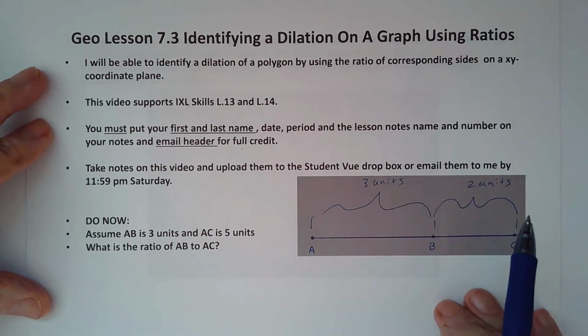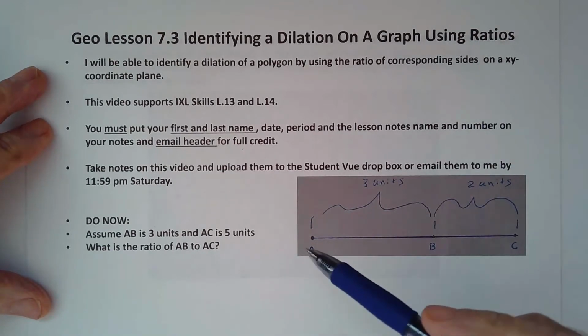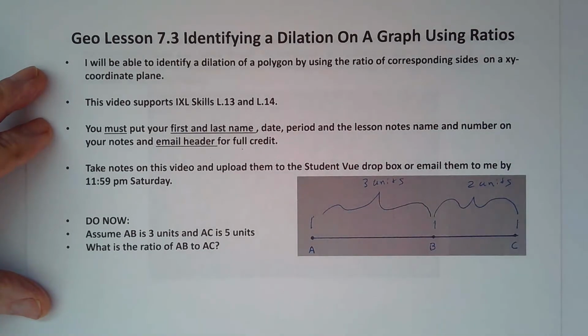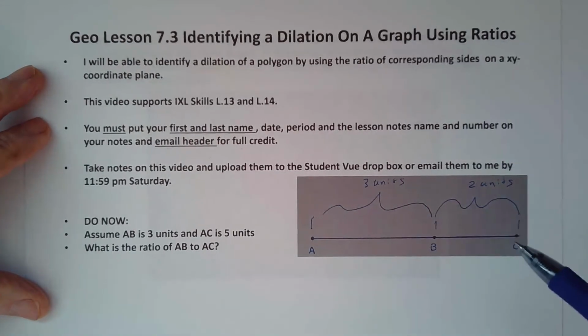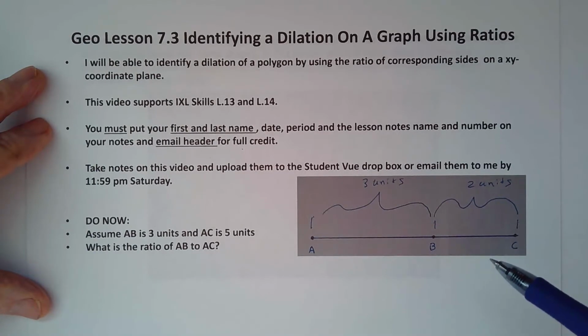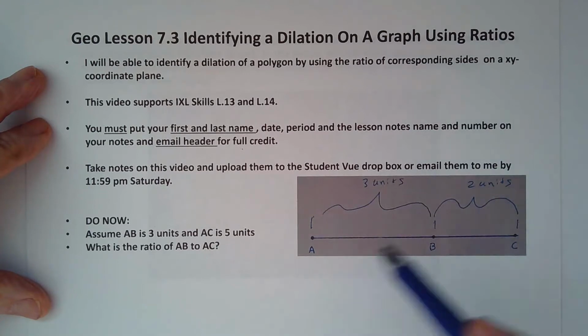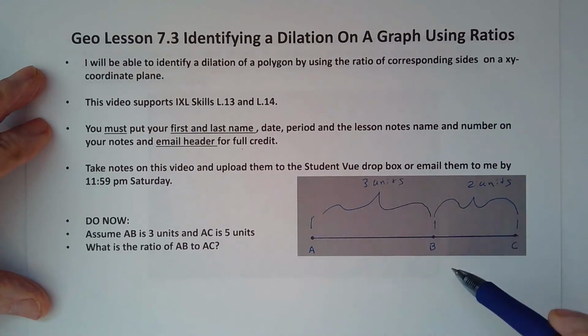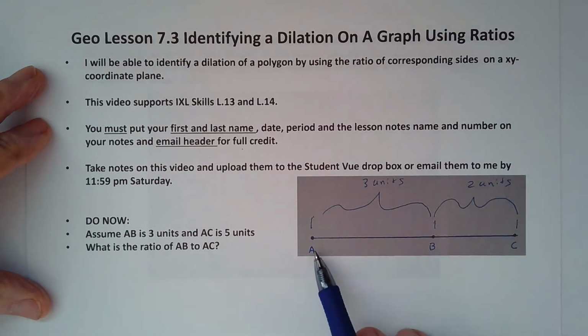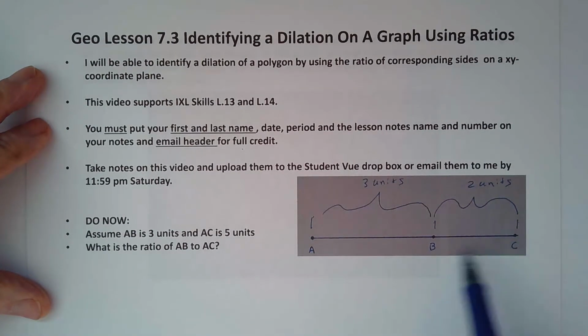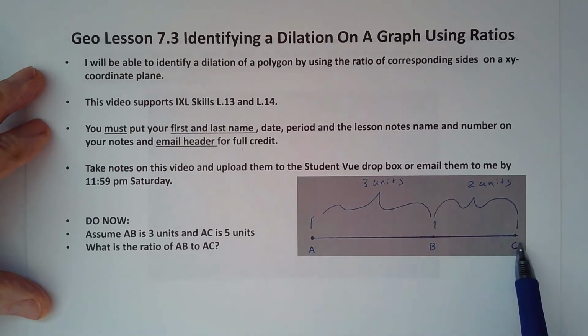Okay, so what we're going to do now, we're just going to take a quick look at ratios, and then it kind of leads us into dilations. So you have this figure here, and this is a line segment that's broken into two subparts. So you have line segment AB and then line segment BC, and together they form line segment AC.